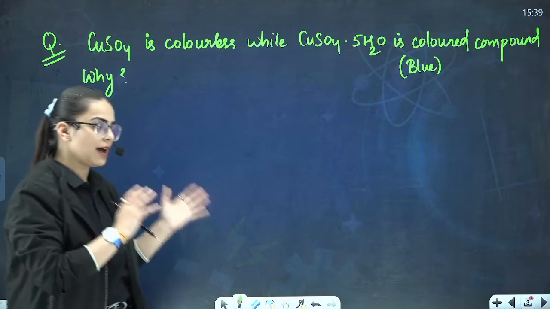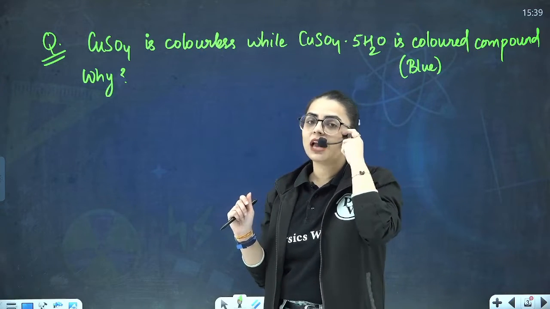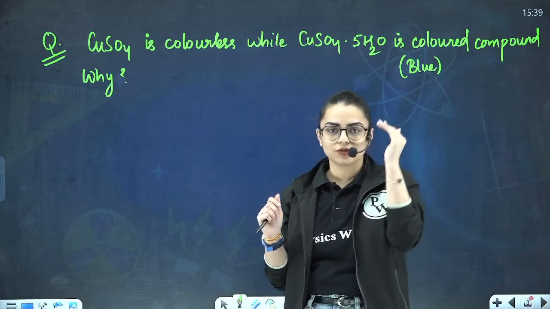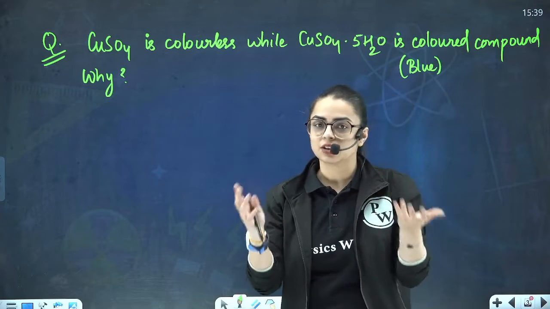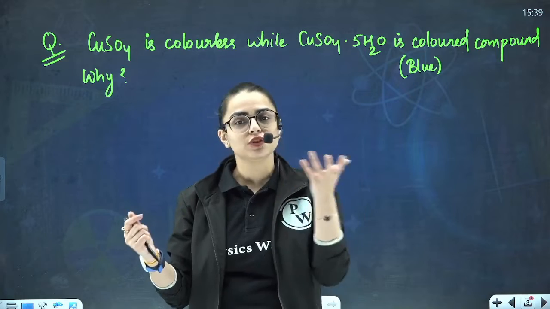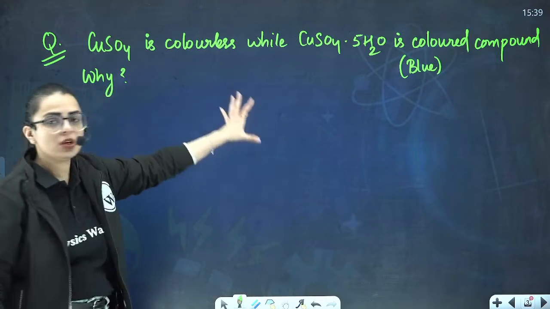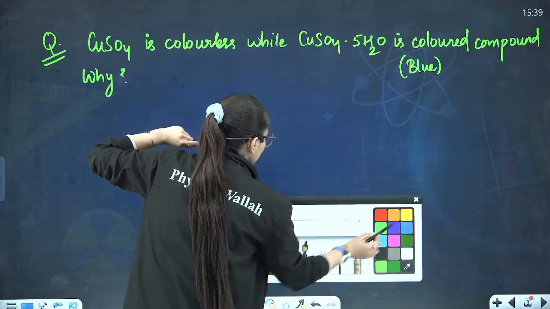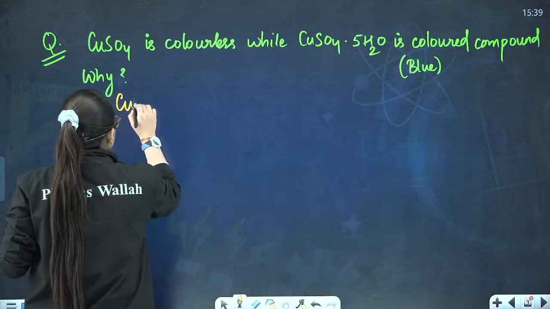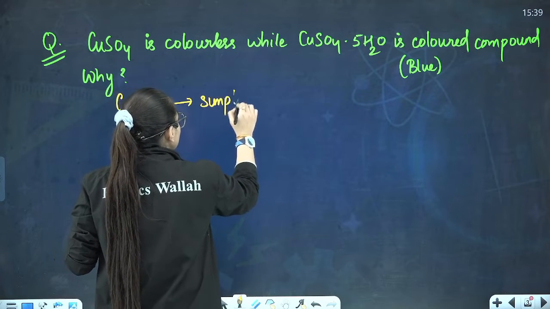See, basically what happens, we have already seen that there are two kinds of energy levels. One is the t2g, another one is the eg level, in which we used to fill the electrons. Am I right? Now students, when I'm talking about these two compounds, if I initially talk about the very first compound, that is CuSO4, CuSO4 is a kind of a simple salt.